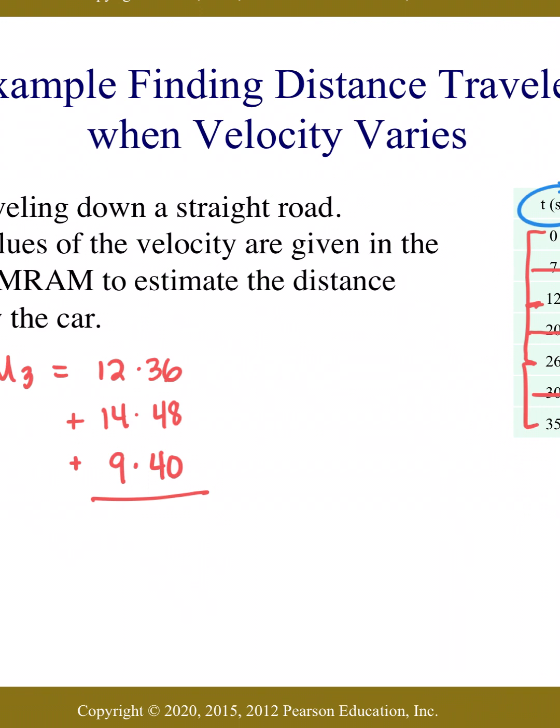Okay, my answer needs to be in feet because we are multiplying the interval of time times the midpoint value of the velocity. So once you multiply and add, then you'll have the total feet traveled by the car over this interval of time.